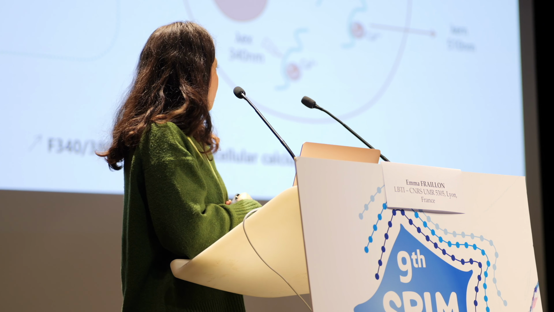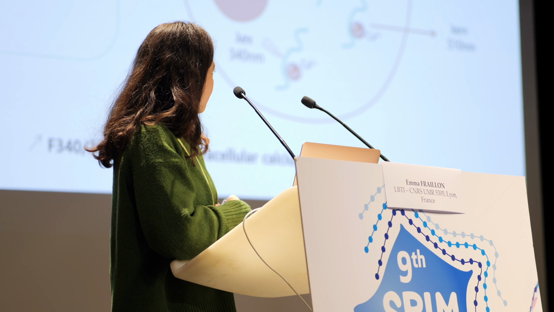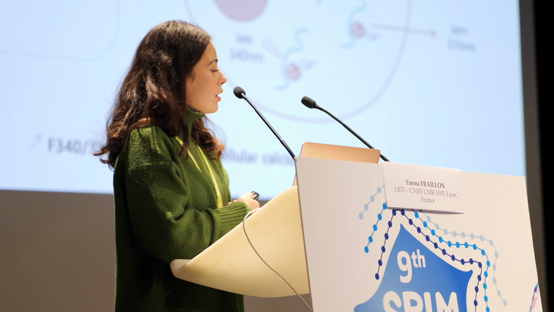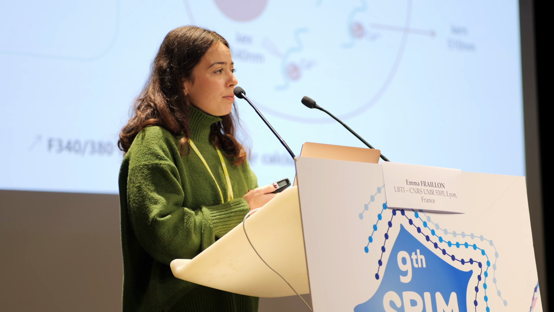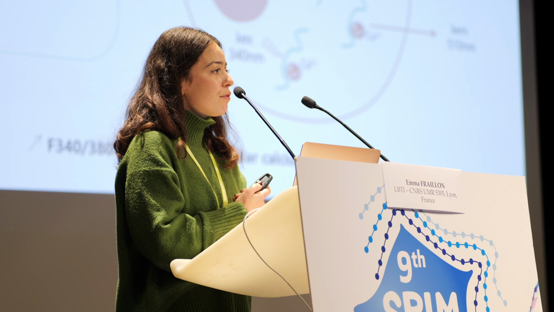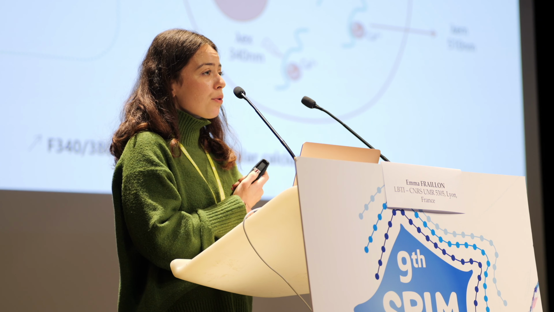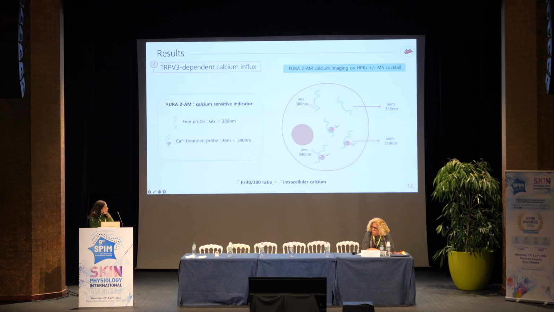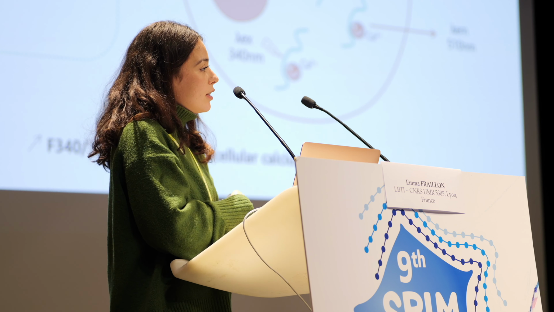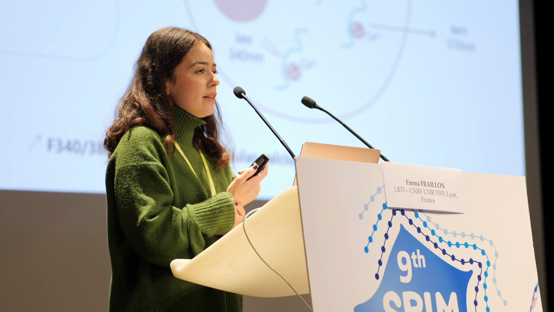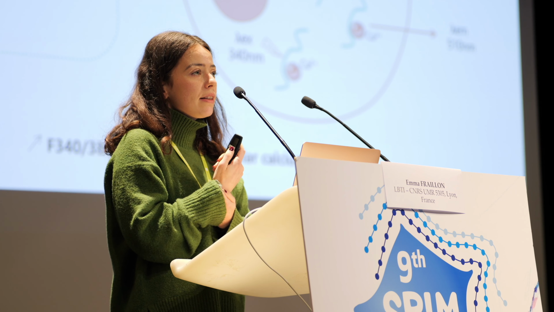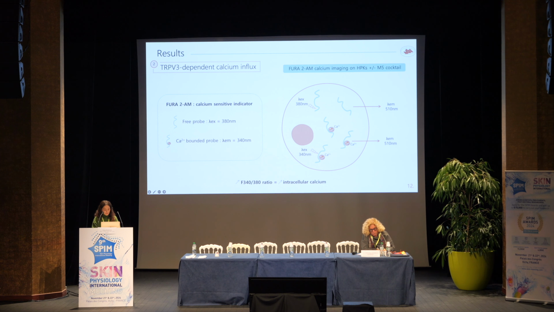As a result, both free probe and calcium-bound probe emit fluorescence, which allows the ratiometric measurement of the relative fluorescence between both wavelengths. As a result, when the fluorescence ratio of 340 over 380 increases, it means that you have an increase in the intracellular calcium.